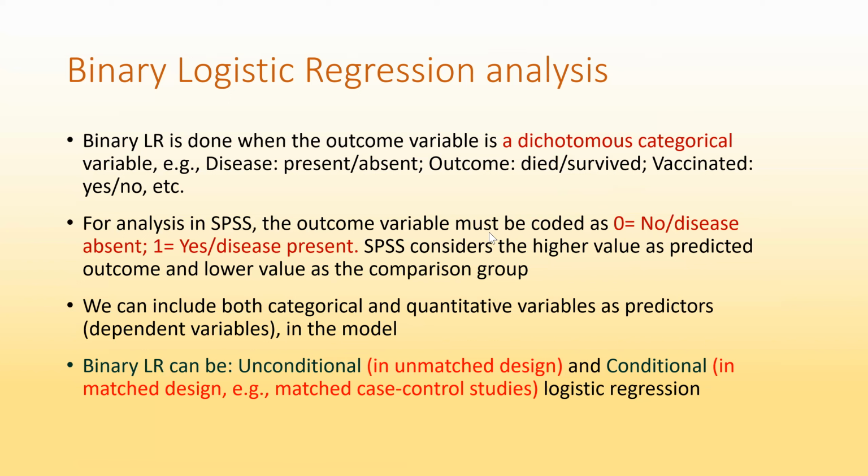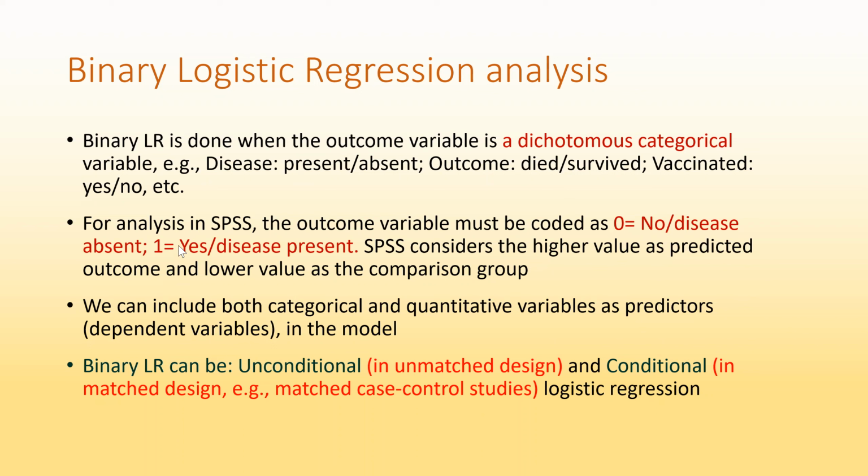In SPSS, if the variable is coded like this, 0, 1, then the 0 category would be the comparison group, while SPSS will give the predicted outcome for the upper value.